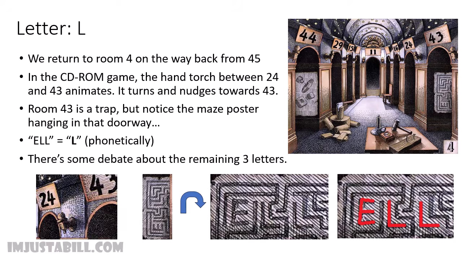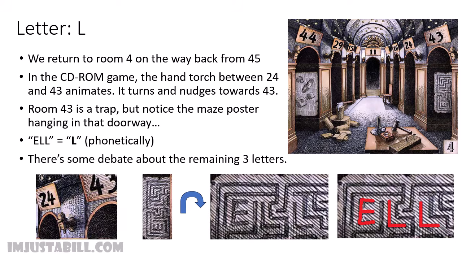If we return to room 4 on our way back from 45, in the CD-ROM game, the hand torch between 24 and 43 animates. So we see those hands holding these lights or torches throughout the corridor.